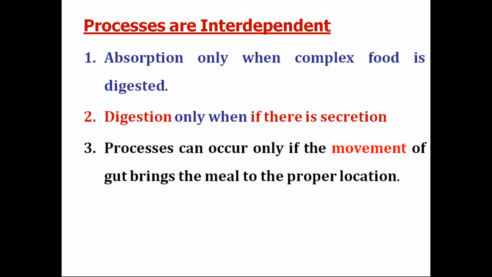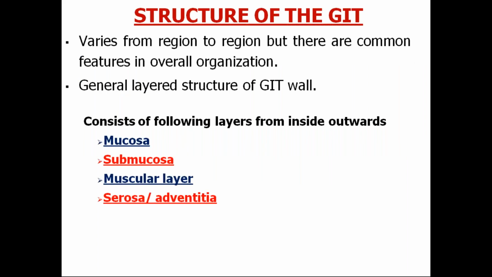We have specific enzymes which are released at specific places, and only if the food is present there can the enzymes act, because all the enzymes need optimum pH and optimum conditions before they can act. So that is just an overview of the major physiological processes going on.